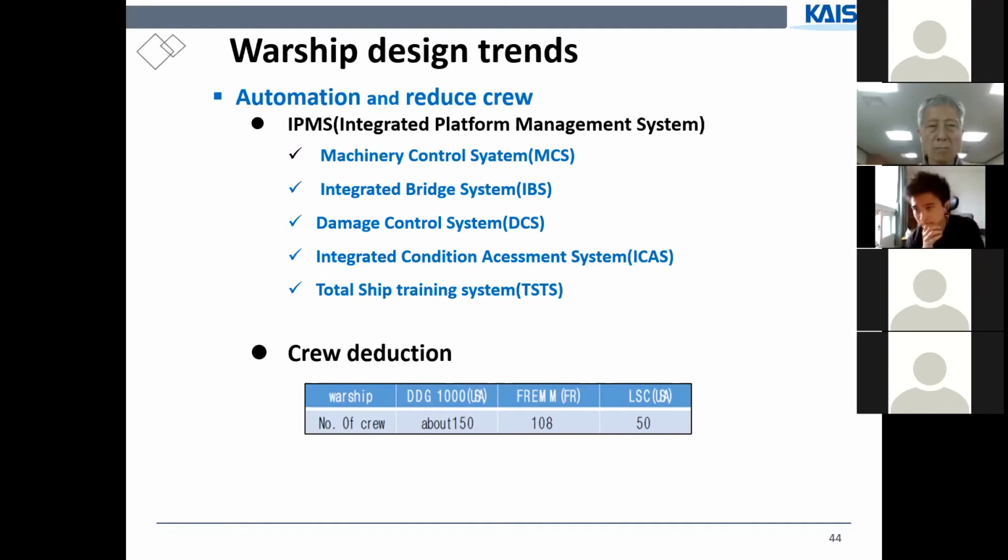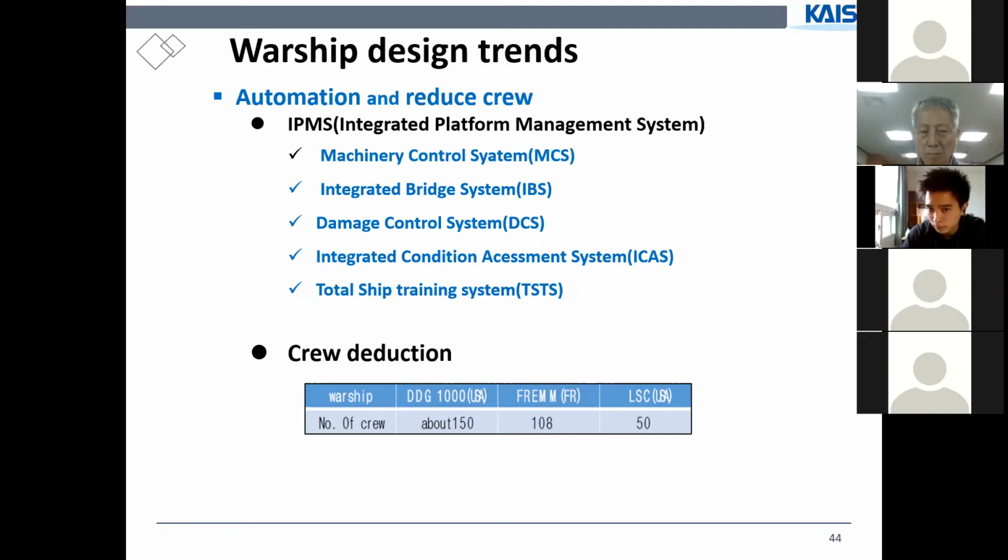For that, we have to automate systems: automate the machinery control systems, integrate the bridge systems and damage control systems, and integrate the condition assessment systems and total ship training systems. As a result, we can reduce the crew.